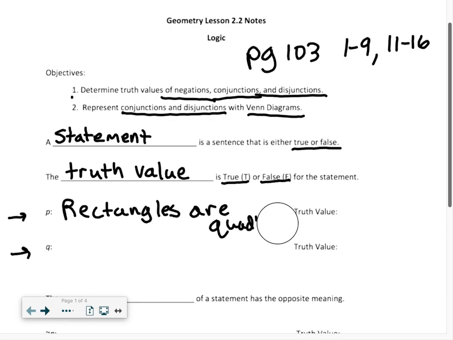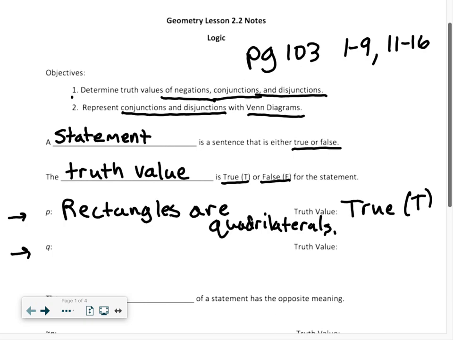Quadrilaterals, which just means it has 4 sides. Well, do rectangles have 4 sides? They do. So the truth value of this is T, true. Rectangles do have 4 sides. So yes, they're quadrilaterals.